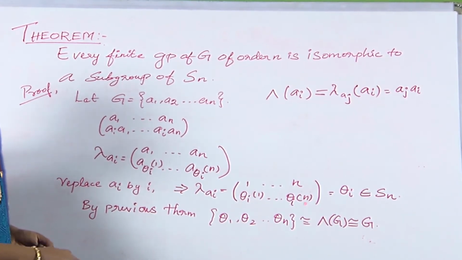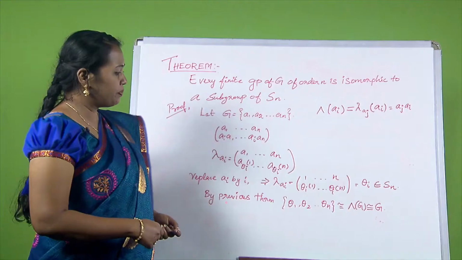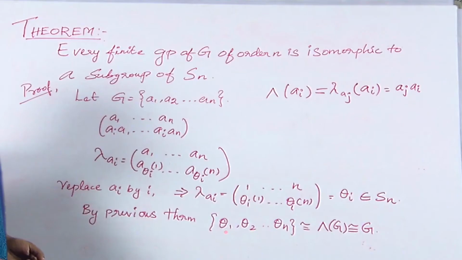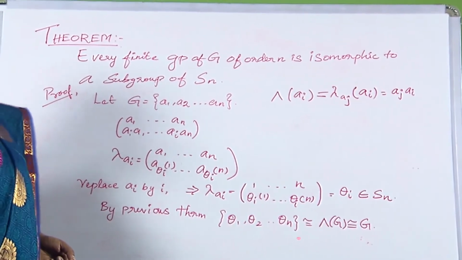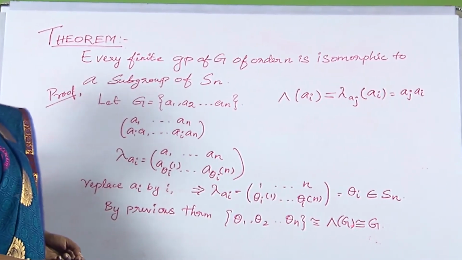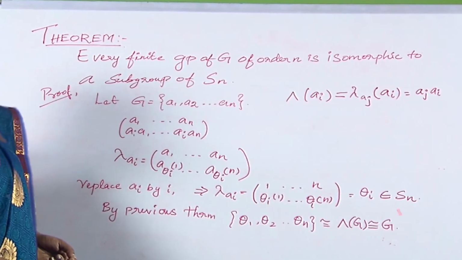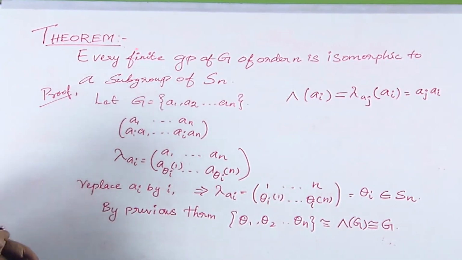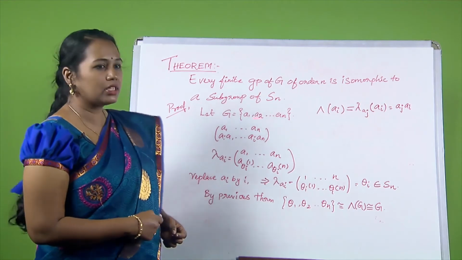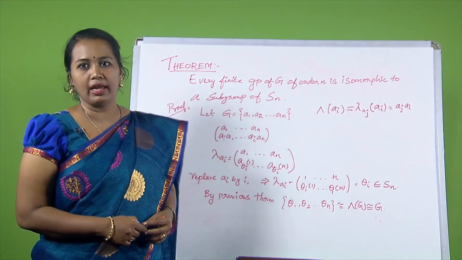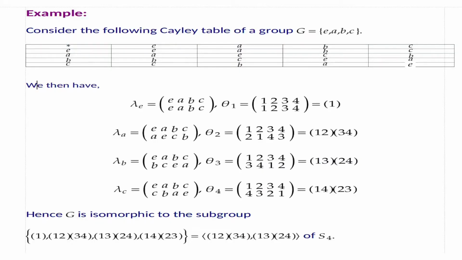So clearly you can see that this is in the form of a permutation, and therefore theta i belongs to Sn. So by the previous theorem, theta 1, theta 2, and so on up to theta n will be isomorphic to the wedge of G or capital gamma of G, and therefore this is isomorphic to G. Hence we have proved that every finite group G of order n is isomorphic to a subgroup of a symmetric group Sn.